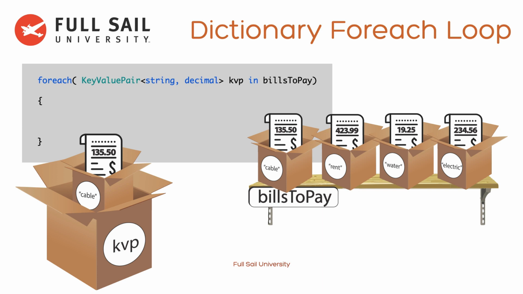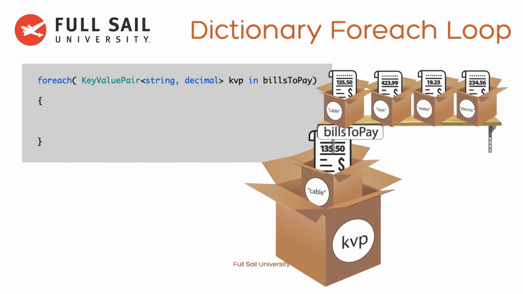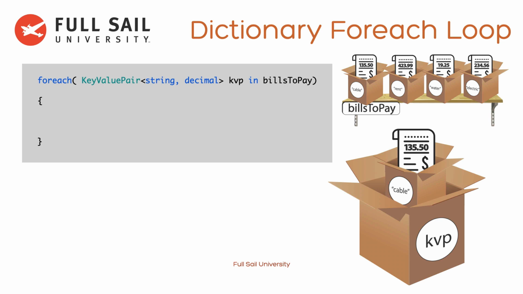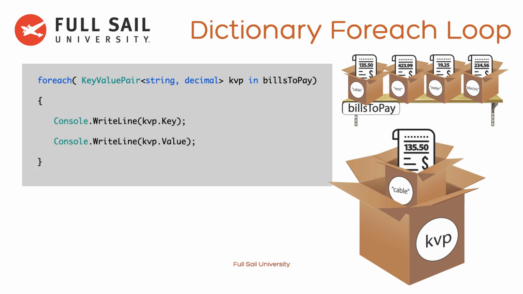and then we can utilize this temporary KVP variable. Now inside of our foreach loop, when we talk about the KVP, we have to use a couple more keywords to talk about what aspects of this key value pair we want to deal with. And we use them as kvp.Key and kvp.Value.